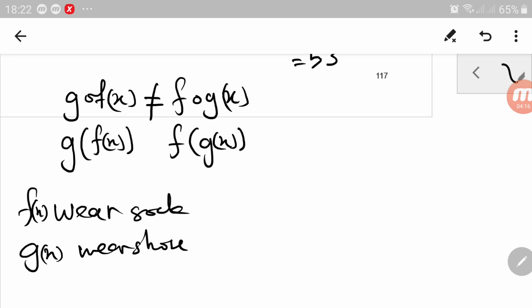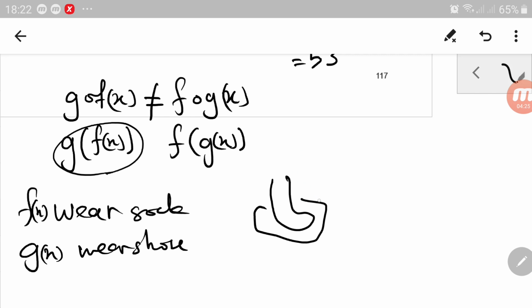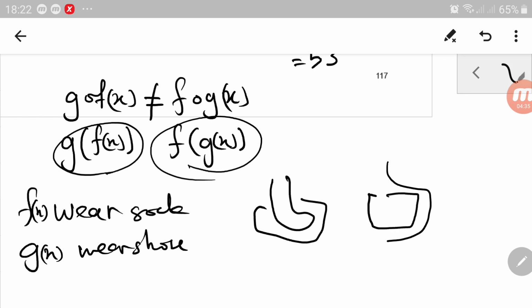Now from there we know already. For this left one, it means we wear socks first, and then we wear our shoes, right? So that's my diagram of shoes. Now what happens if we do otherwise? What happens if we wear our shoes and then we wear our socks? This is what happens.